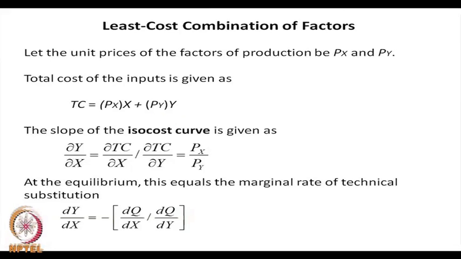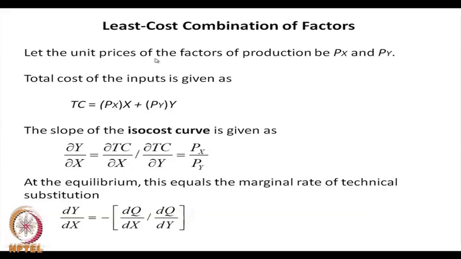Now, we bring in the concept of iso-cost curve. For that, this will be required to know the least cost combination of factors. That means, we can find out at what price combination of factors the quantity produced is maximum.